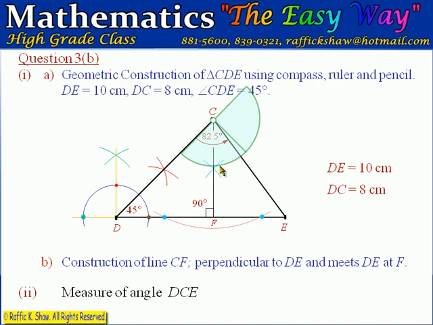So that's the angle DCE. We can move the protractor out the way and write down our angle DCE is 82.5 degrees approximately, and that's the answer for part B.